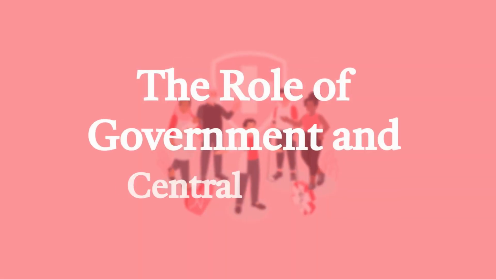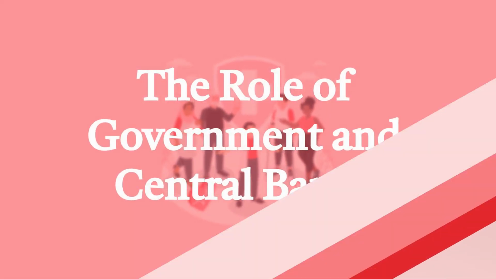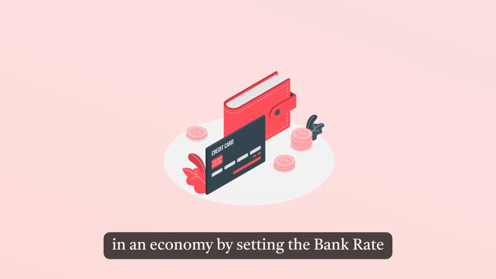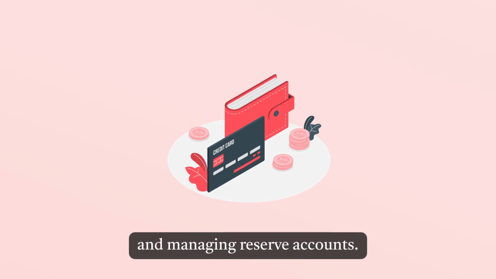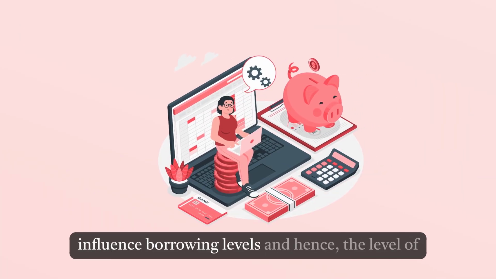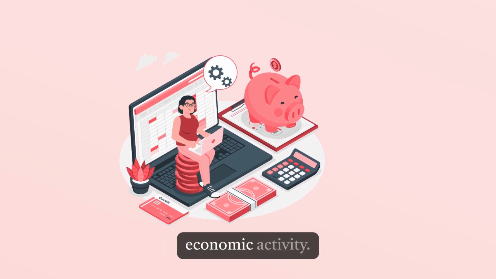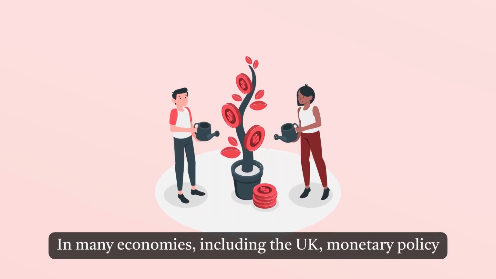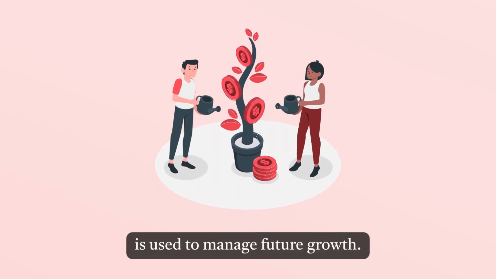The role of government and central banks. Central banks can influence the amount of credit in an economy by setting the bank rate and managing reserve accounts. By manipulating the bank rate, central banks can influence borrowing levels and hence, the level of economic activity. In many economies, including the UK, monetary policy is used to manage future growth.